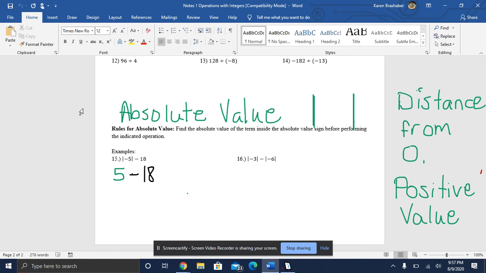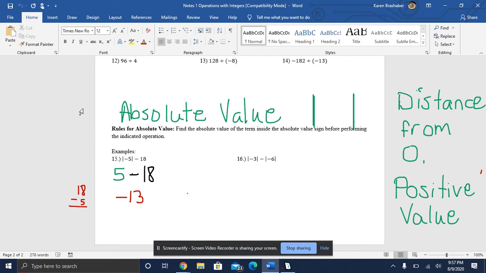The signs are different. So we're going to subtract. We're going to take 18 minus 5, and that gives us an answer of 13. Since the 18 has a greater absolute value, it's further away from zero, we're going to use the sign of that number. And so -13 would be our answer.